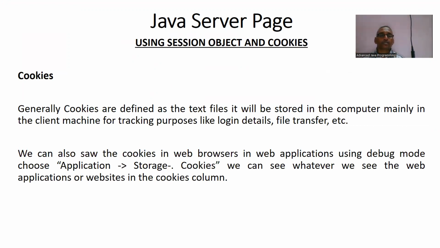We can also see the cookies in web browsers, in web applications, using debug mode, choosing application, storage, cookies. We can see the cookies column for whatever web application or website we see.